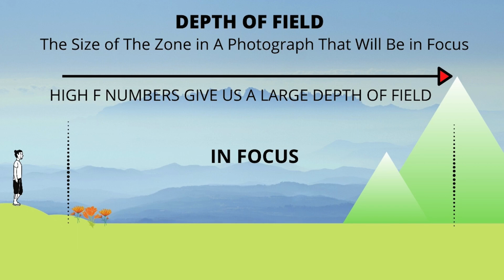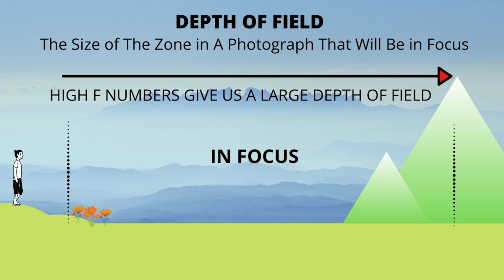Okay, so basically what we're going to talk about here is depth of field, because that's what aperture is to do with. We measure aperture in f numbers, and effectively if you think of it like the lower the f number, the smaller the zone is going to be in the photograph that's going to be in focus, and the bigger the f number, the bigger the depth of field and the more of the photograph that's going to be in focus.